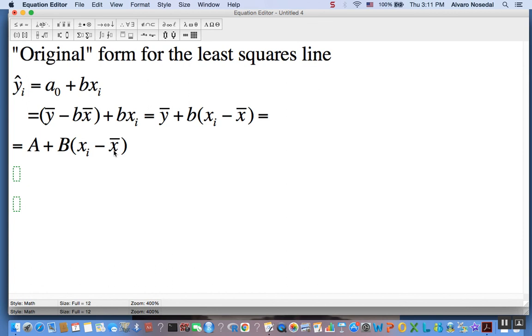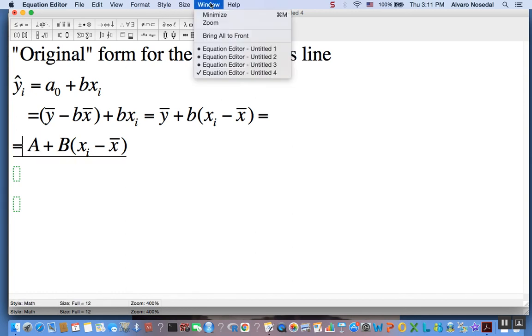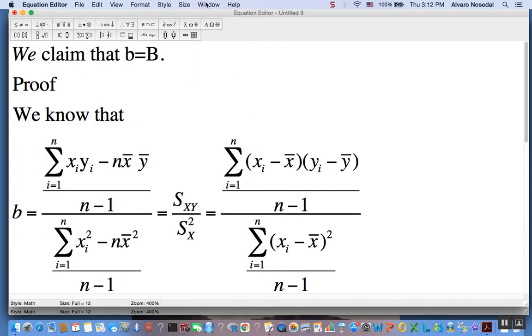In this case, the least squares regression line passes through x bar and y bar. So it's just using a different point to define the line, but it's the same line, which makes sense because you're using the same data set to estimate that line. So your estimations will be the same. Make sense?